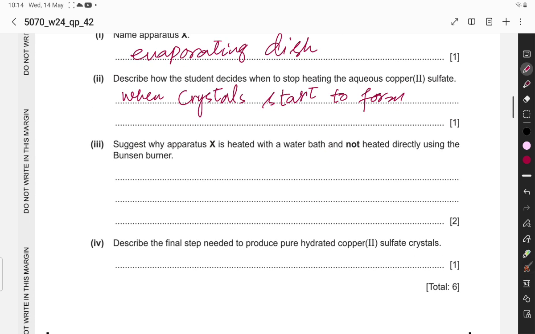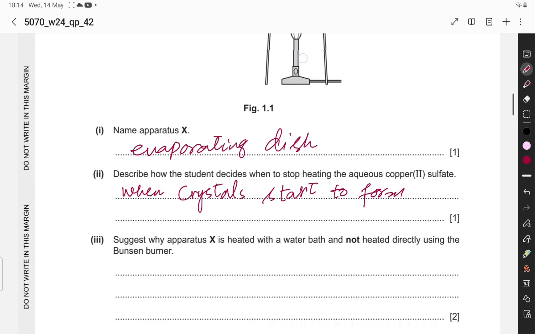Suggest why apparatus X is heated with a water bath and not heated directly using the Bunsen flame.